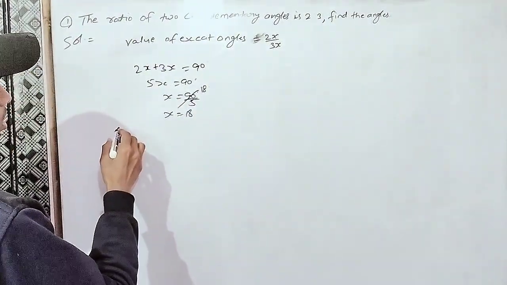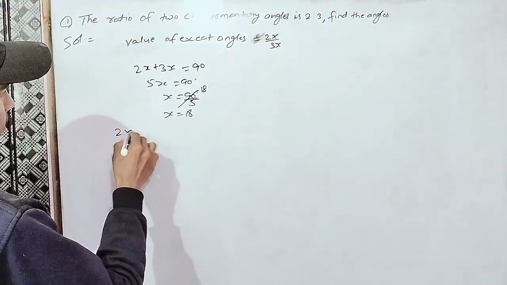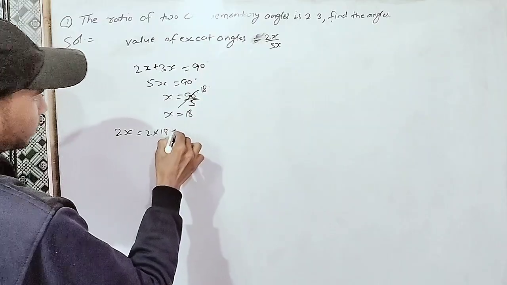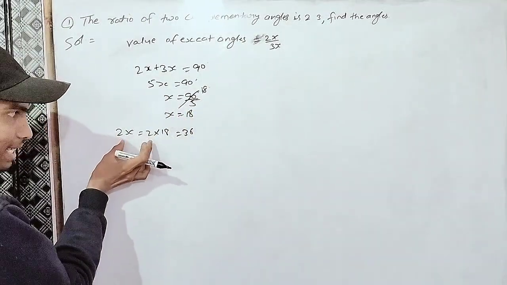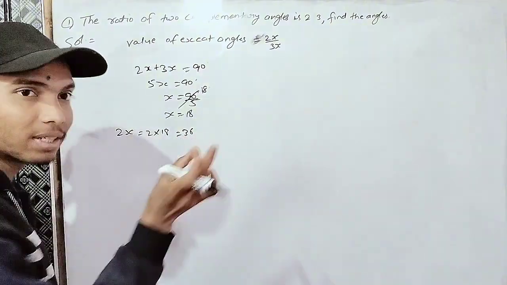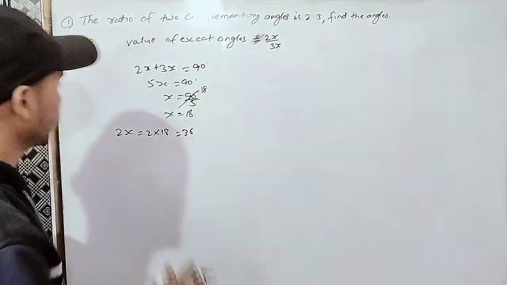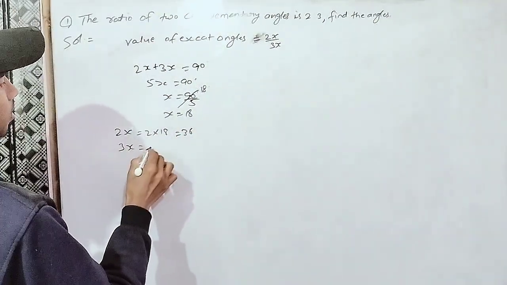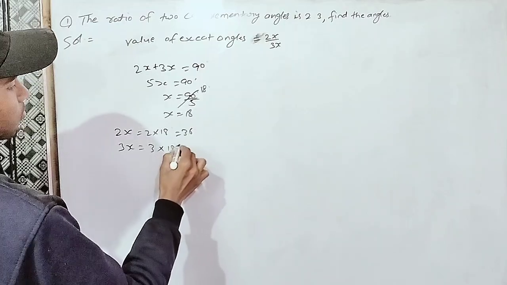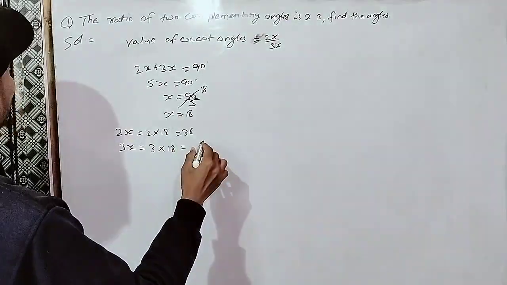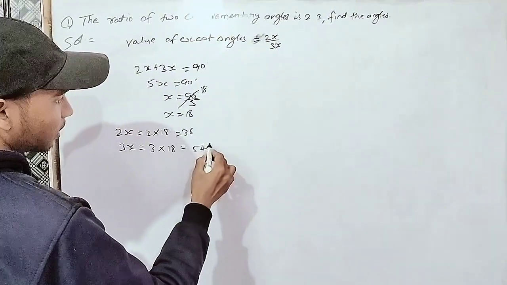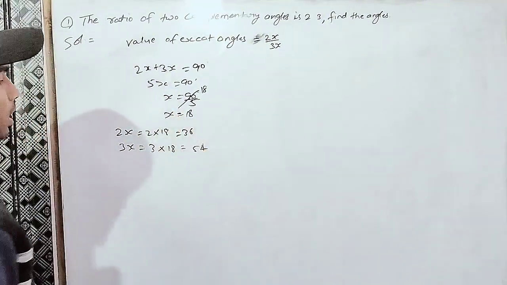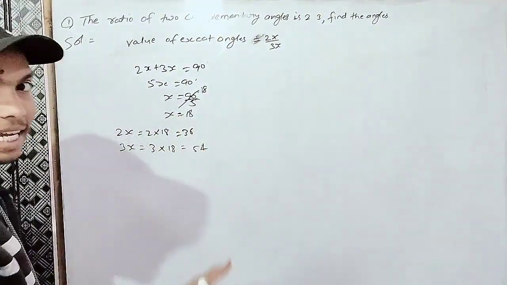Clear? First, 2x: 2 multiplied by 18 is 36. So the exact value of the first angle is 36. Next, 3 multiplied by 18 is 54. So the exact value of the second angle is 54.